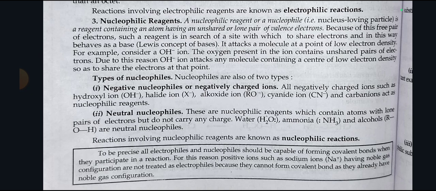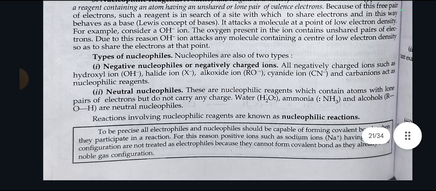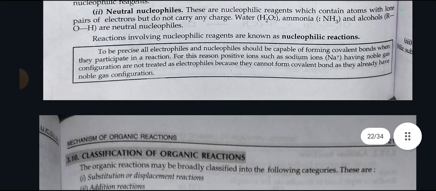Second, neutral nucleophiles. These are nucleophilic reagents which contain atoms with a lone pair of electrons but do not carry any charge. Water H2O, ammonia NH3, and alcohols ROH are neutral nucleophiles. Reactions involving nucleophilic reagents are known as nucleophilic reactions.